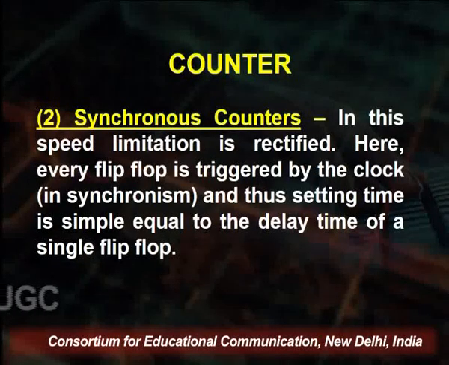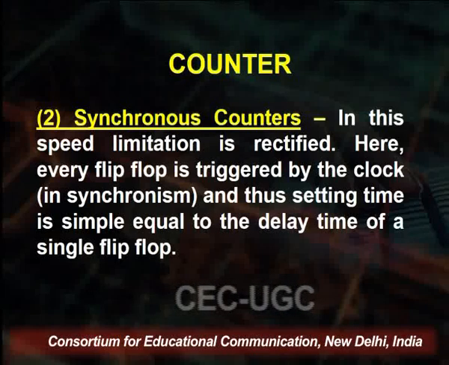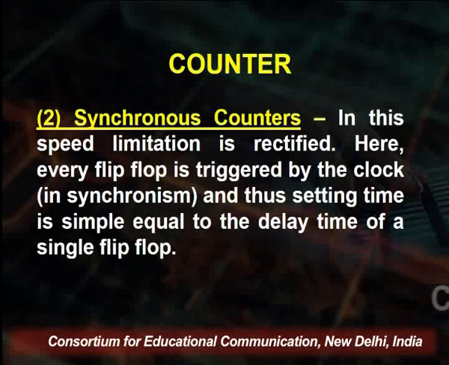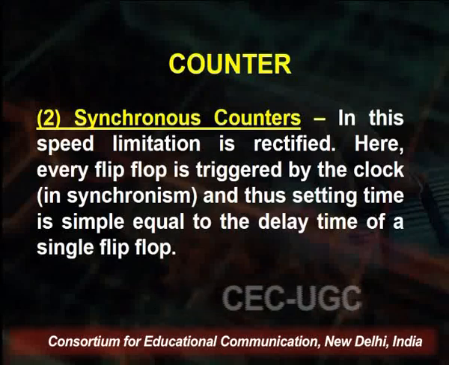Synchronous counters do not have the problem of the speed limitation, and in this case each flip-flop is triggered by the clock in a synchronized manner, and therefore settling time is simply equal to the delay time of a single flip-flop. As we have seen earlier, the typical delay time of each flip-flop is of the order of nanoseconds.